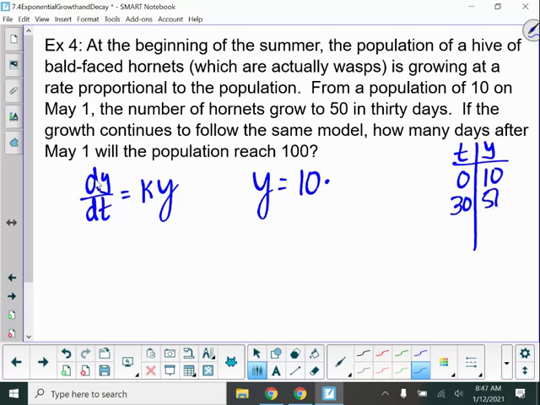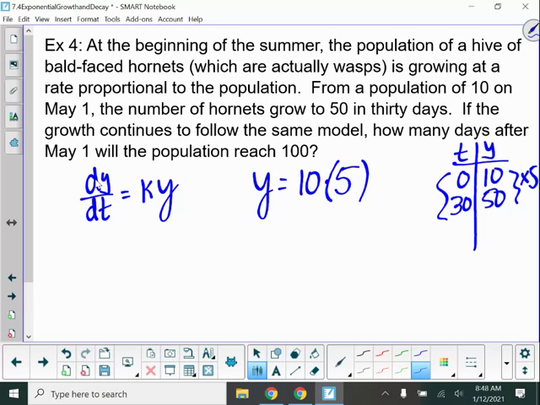On day 30 there are 50 hornets. That means in 30 days, my population was multiplied by 5. So 5 is going to be my base number here.